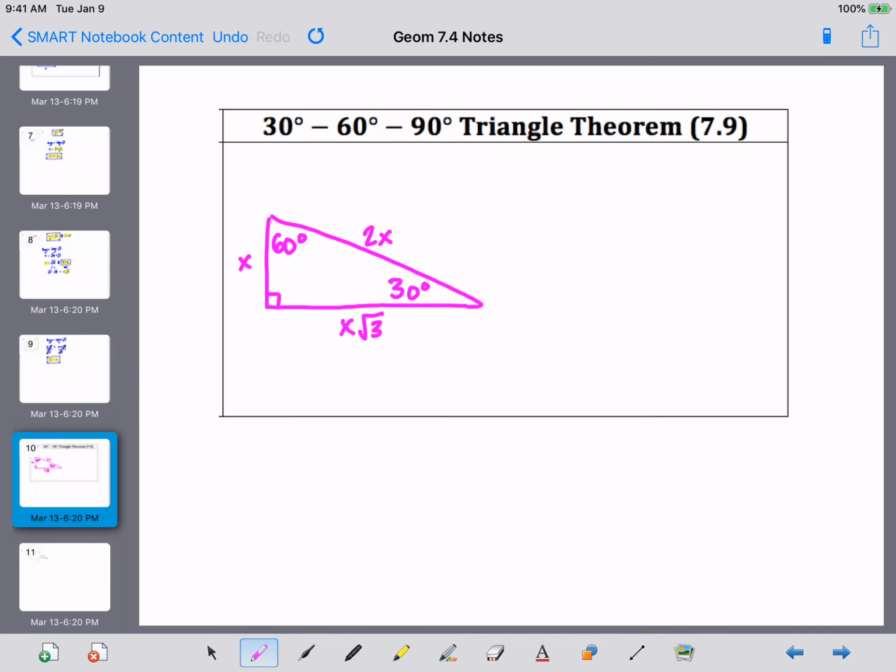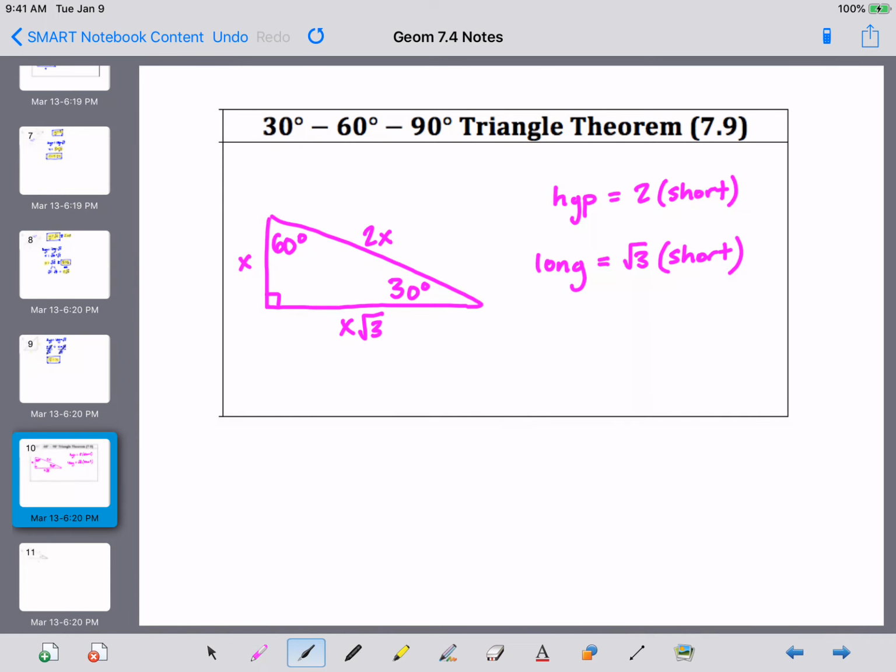So if we write these formulas out in words, the first one is that the hypotenuse is equal to 2 times the short. And the other formula we're going to use is that the long leg, or I'll just say long, is equal to the square root of 3 times the short.